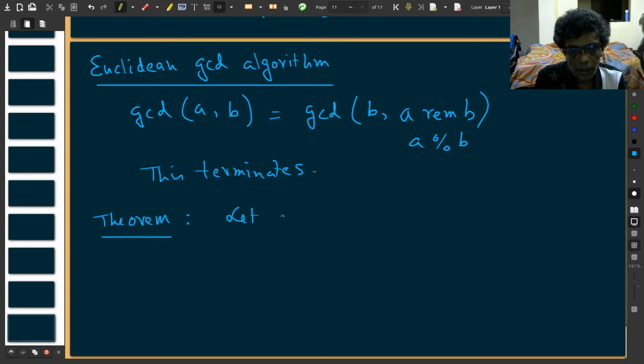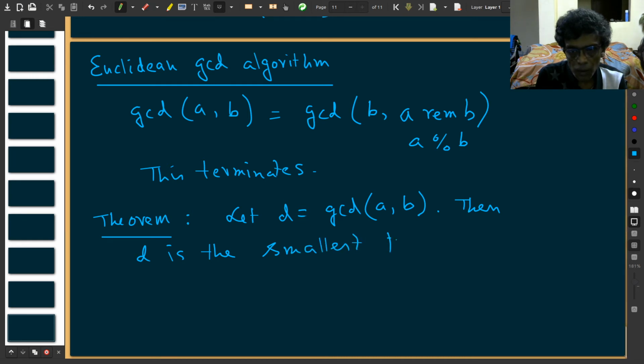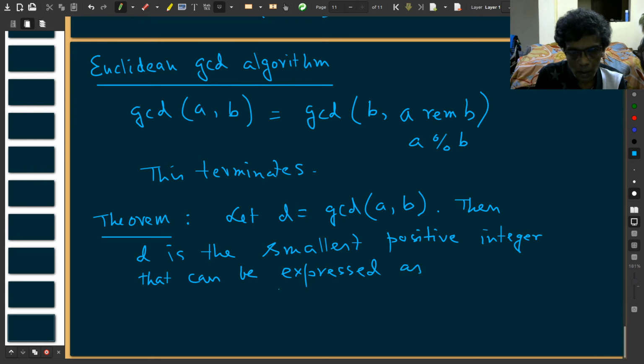Let D be the GCD of A and B, then D is the smallest positive integer that can be expressed as this linear combination UA plus VB with U and V belonging to Z, the set of integers. Why?